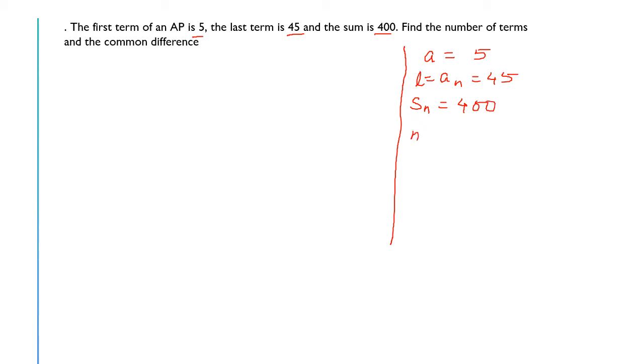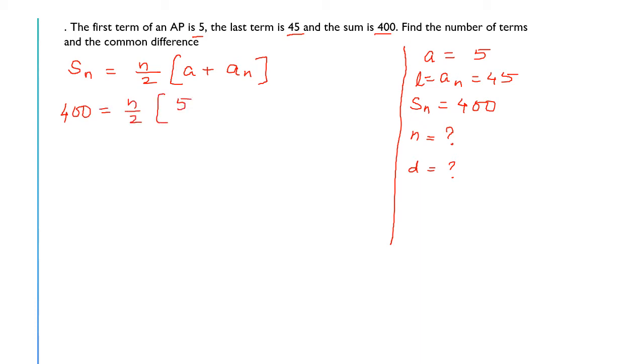What are the things we have to find? We have to find n and we have to find d. How will we find n? We can find n first. Sn equals n by 2 into first term plus last term. So we are given all the values here. 400 is equal to n by 2 into 5 plus 45.